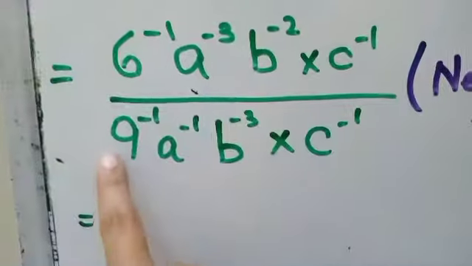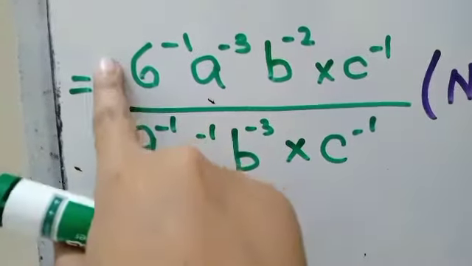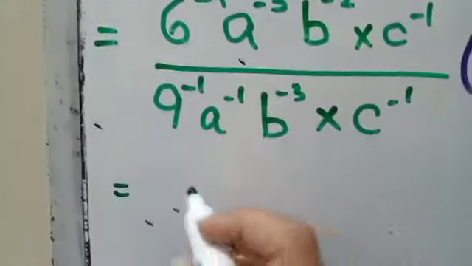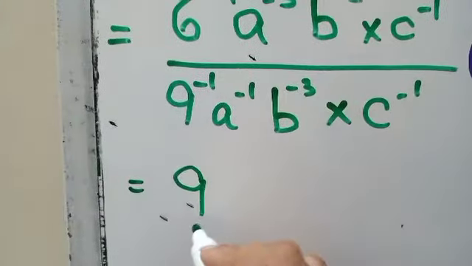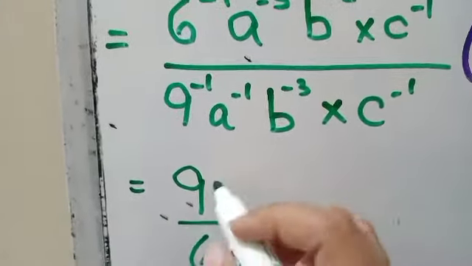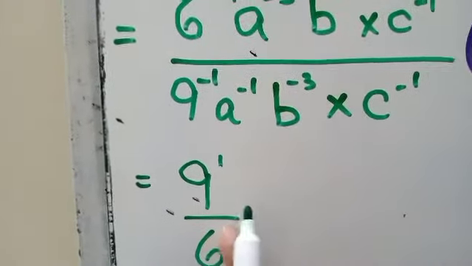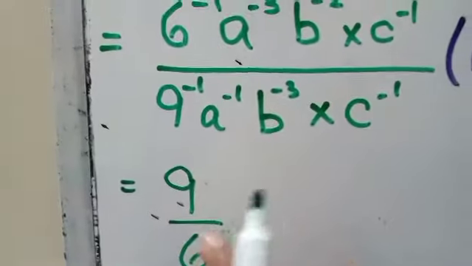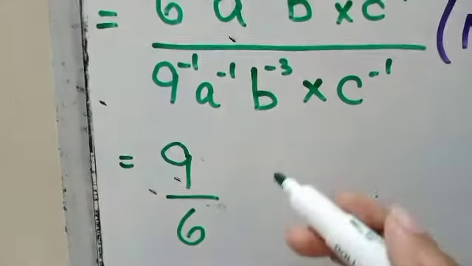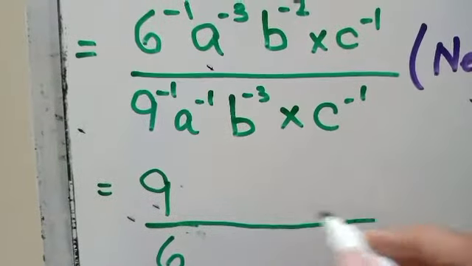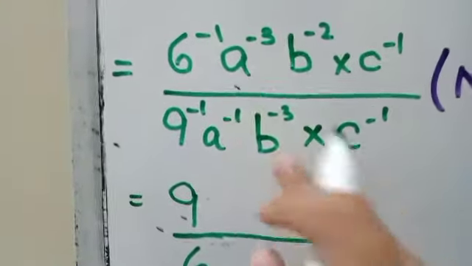If I take the reciprocal, I bring 9 to the numerator and 6 to the denominator, and their powers will become positive. So 9 will go up and 6 will come down. If I want to write 1, I can write it, but it's better not to write because raised to the power 1 we never write. When no power is given, it's obvious that it is raised to the power 1.